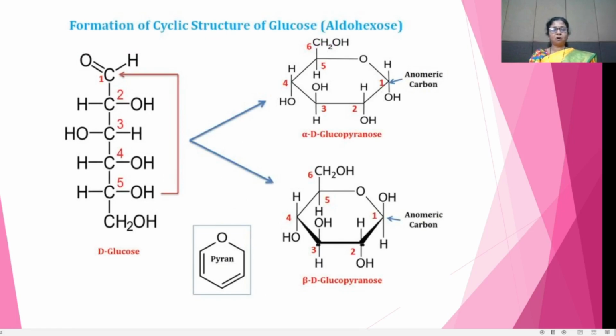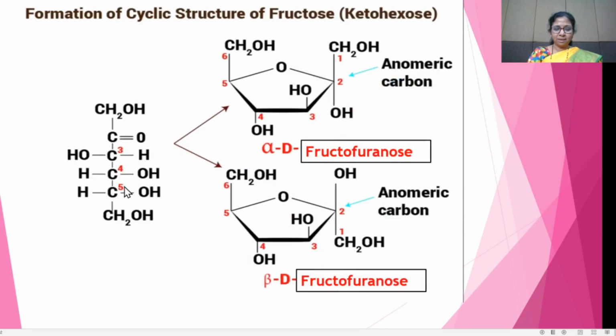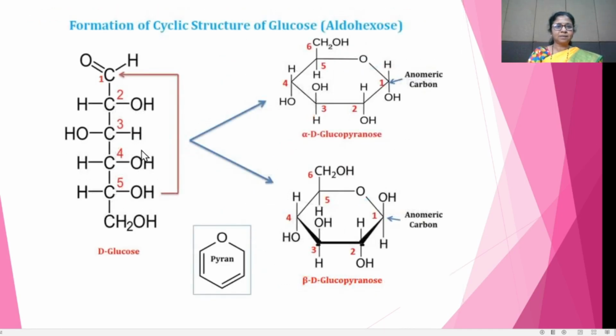Then how does the formation of the cyclic structure of glucose take place? See here, this is the open chain structure, and in the cyclic structure the ring is formed between carbon number 1 and carbon number 5.